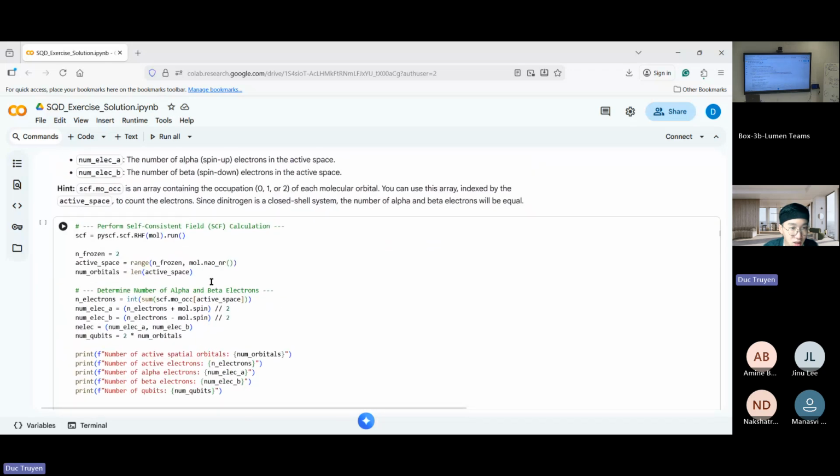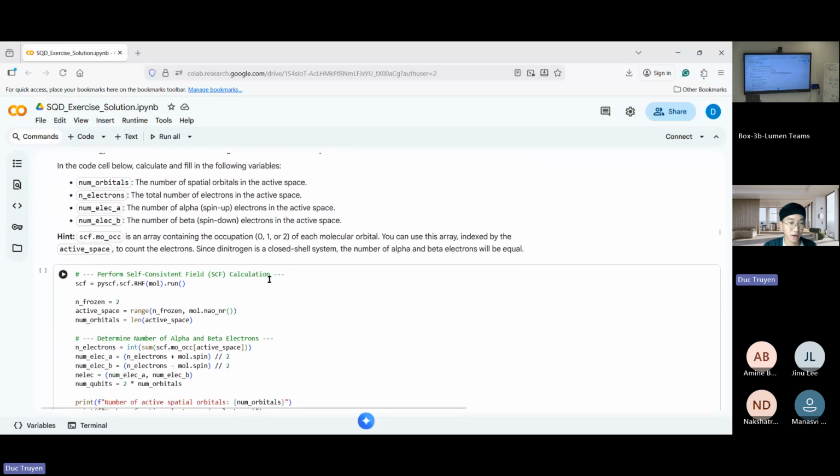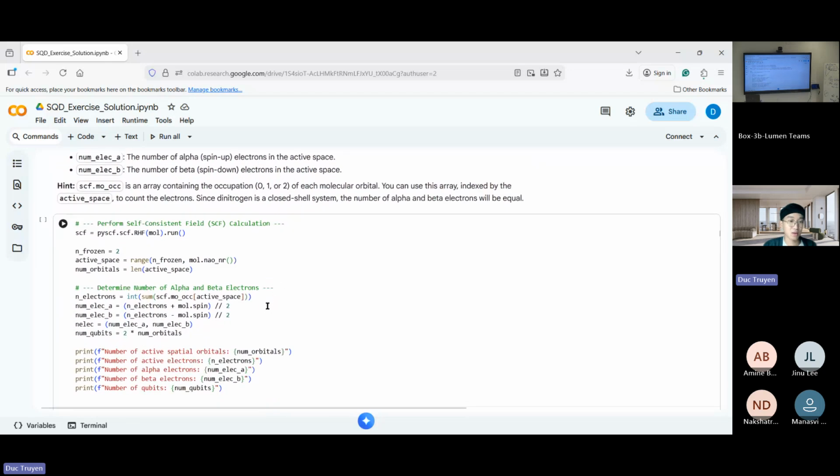Okay, so the first exercise is how to identify the number of electrons with spin up and spin down. Basically, in the nitrogen molecule, the spin up and spin down counts are equal.